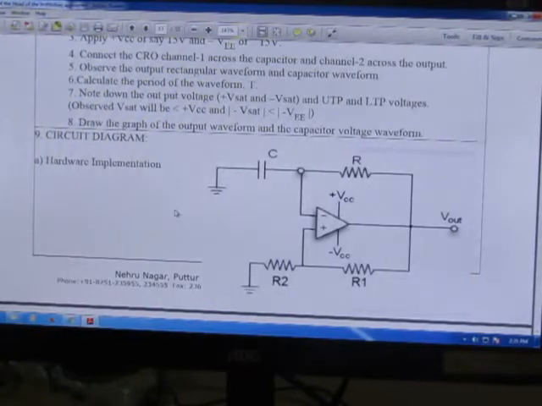Right. Next, we are going to use this particular circuit diagram to implement our hardware part. You can see that this is the op-amp Micro A741. You know the symbols used to represent the op-amp.